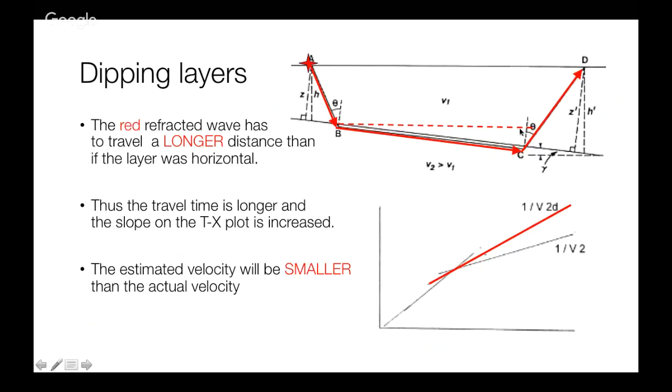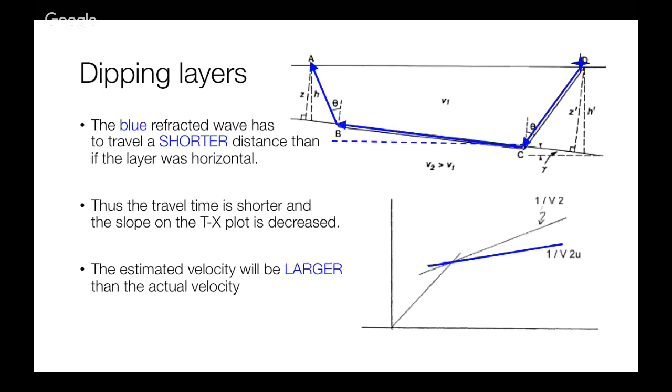So it's going to underestimate the true velocity of that second layer because it's traveling a longer path than what that standard refraction analysis would anticipate.